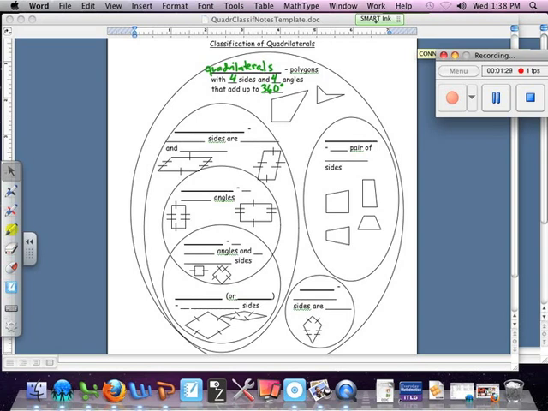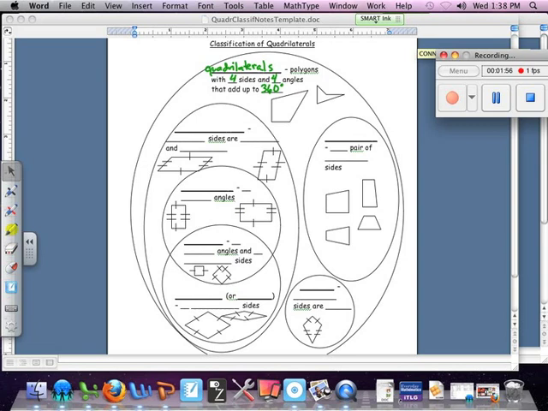Let's look at the oval to the right here. Who thinks they can tell us what all of those types of quadrilaterals would be called? Irregular? They are irregular, but then these would also fall into there. So they have to have something else more specific in common.